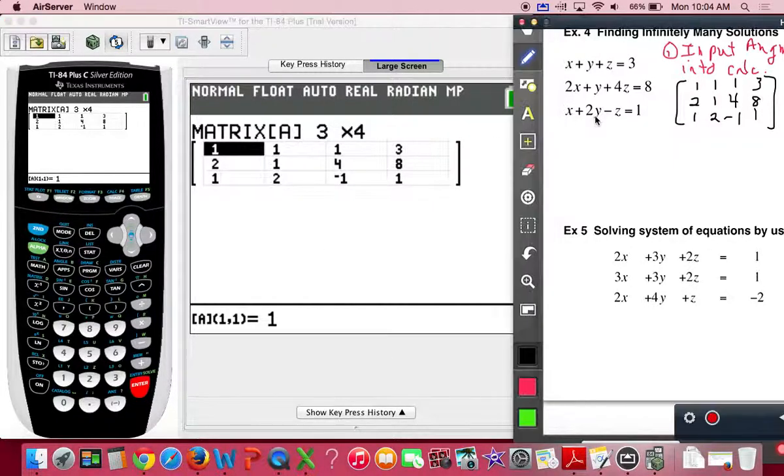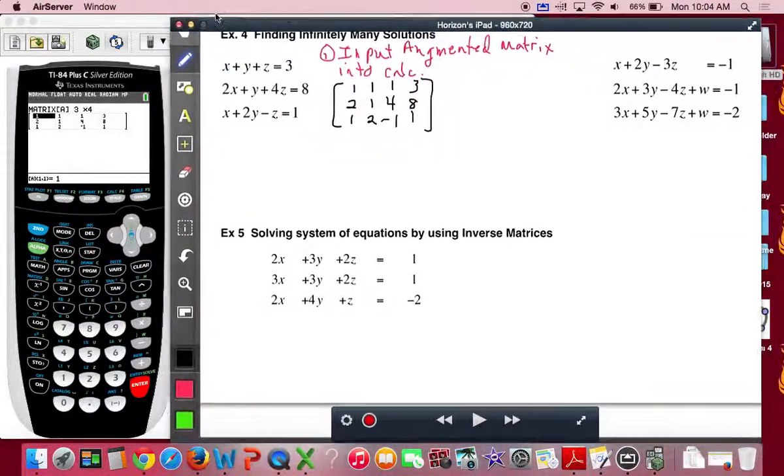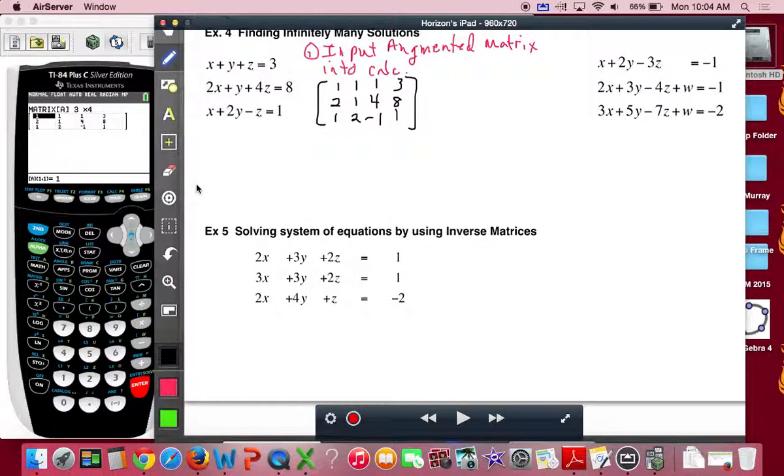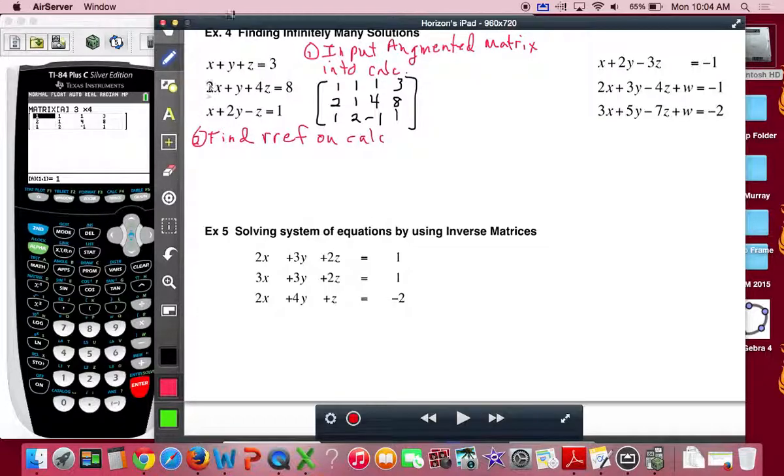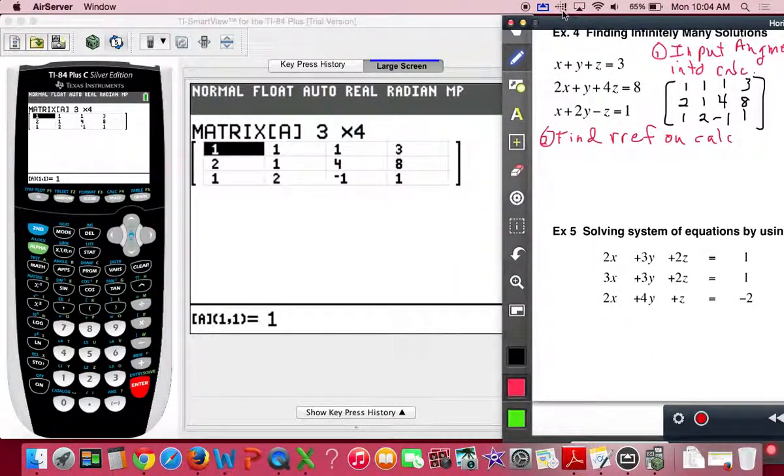So once we do that, then let's go back to your directions. So then step 2, find RREF on calc. And I want to see what that RREF looks like. So this is what you're inputting, and you're going to tell me what pops out after you put this in.